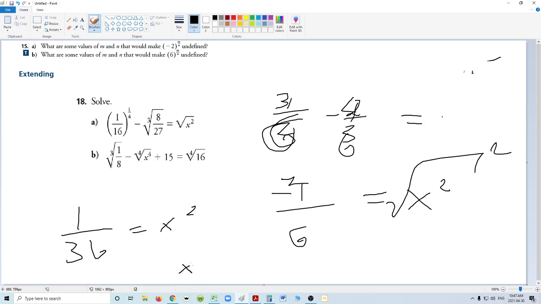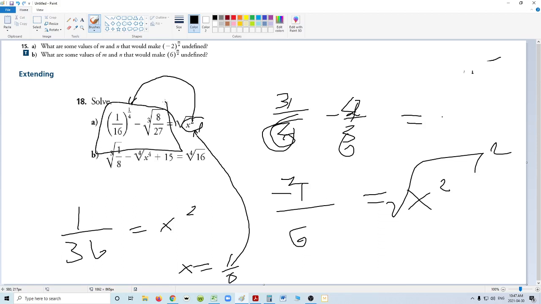Square root both sides. x is equal to 1/6. The problem with this is if I take 1/6 over here and square it and then square root it, I will not get a negative number, which is what this side is.